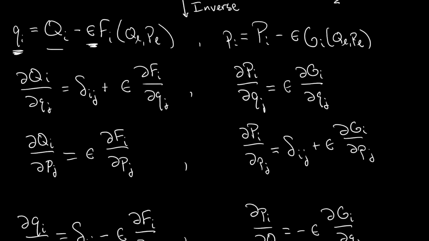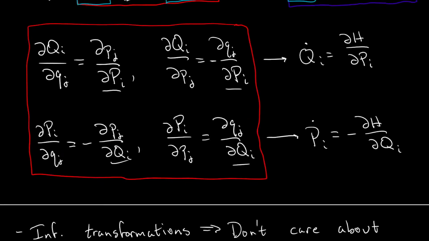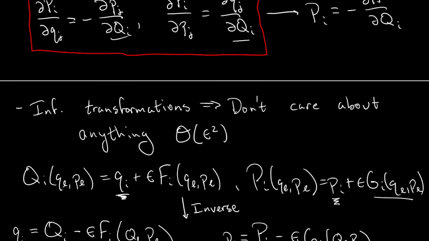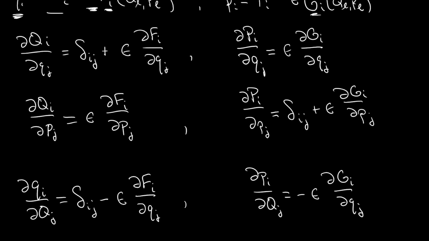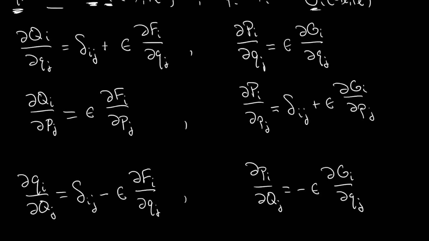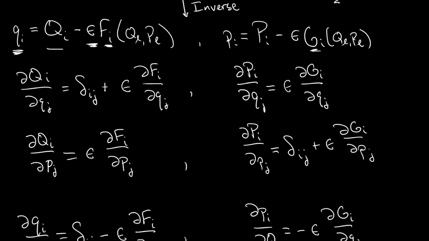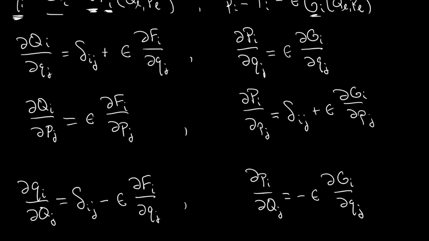So now I have explicit forms of all of these derivatives in terms of these transformation functions, right? These transformations that I'm doing are defined in terms of these f and g functions. And so now I can use these equations up here that we found, plug all 8 of these derivatives into those equations, set everything equal, and move on with my life.